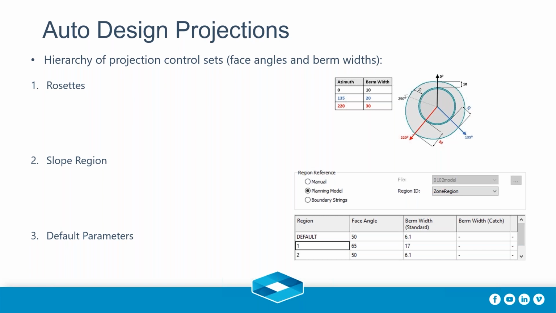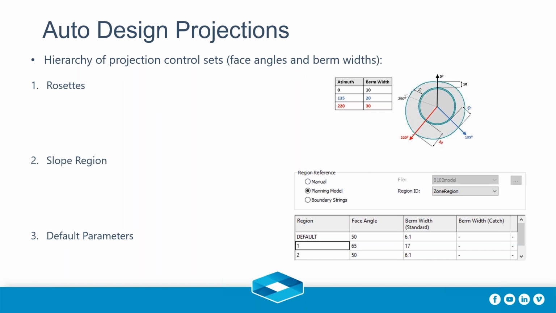Basically, when you are projecting your strings, the AutoPit design tool firstly honors the rosettes if there are any. Secondly, it will honor the slope region if there are no rosettes. And if there are no slope regions, it uses the default parameters set at the beginning of your project.